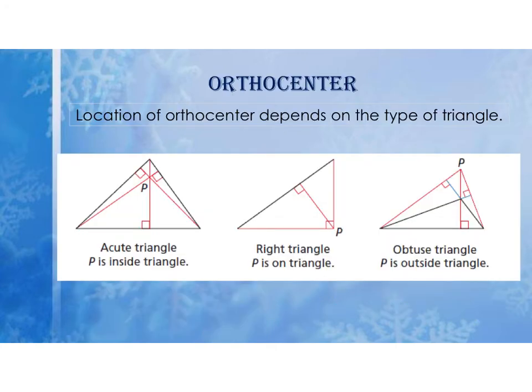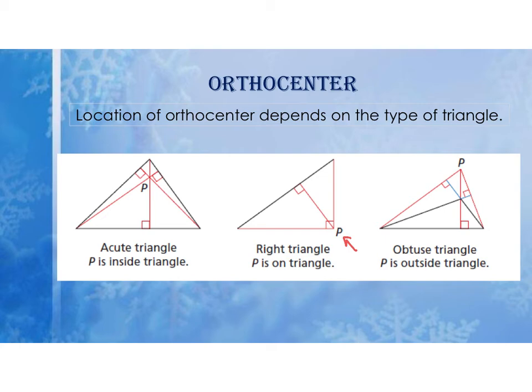So again, here's just a summary slide. The location of the orthocenter depends on the type of the triangle. So when it's an acute triangle, it will be located inside the triangle. In all three of these pictures, point P is the orthocenter. Again, you can see for the right triangle, it's located right here at the right angle. All of the red lines are the altitudes.